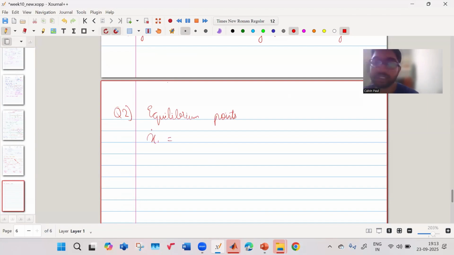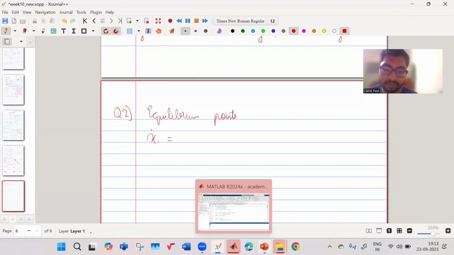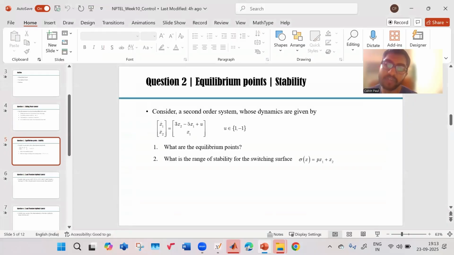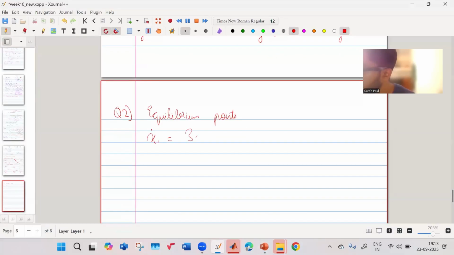Your x1 dot is given by 3x2 minus 5x1 plus u, and x2 dot is equal to x1. So what are the equilibrium points? An equilibrium point is a point where your derivatives are 0. That is, your x1 dot should be equal to 0 and your x2 dot is equal to 0. You get two conditions.